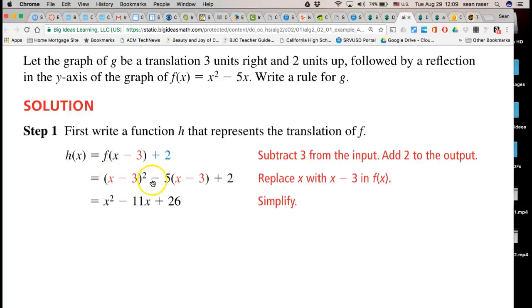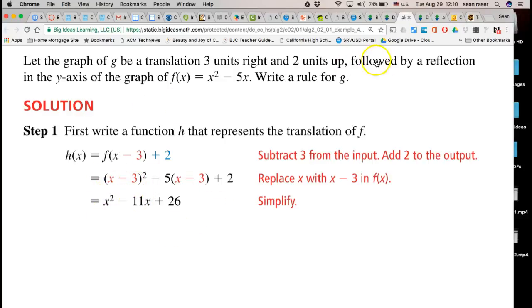And then distribute the 5, minus 5x plus 15, and then add the 2. When you combine all those together, you get plus 9 plus 15 plus 2, that's 26. You get minus 6x minus 5x is minus 11x, and then x squared. So all we've done is simplify.